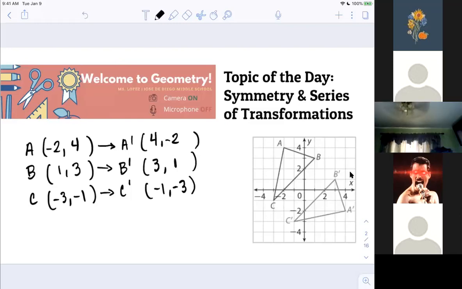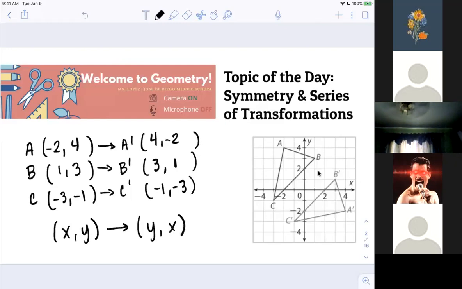All the X and the Y are switching around, but they're not changing their signs. Perfect. So the X and the Y just flip, but the signs don't change at all. So you just go from X comma Y to Y comma X.